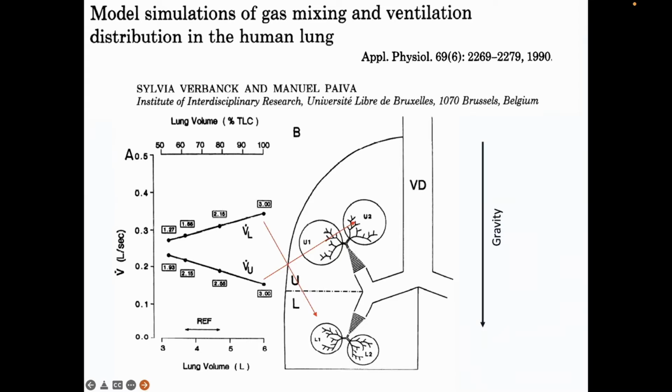So that's where most of our ventilation is distributed. And I'm talking ventilation, that's volume change, is going into the dependent parts of the lung. Whereas the upper part of the lung does have some change, but much less compared to the lower. So when we inhale, most of the volume that we inhale is actually going into the dependent lung. So that's the normal physiology of an adult standing upright.